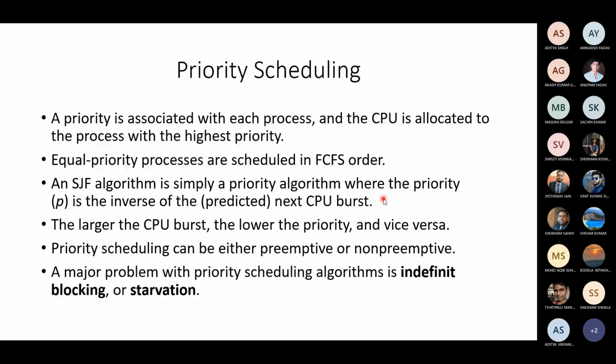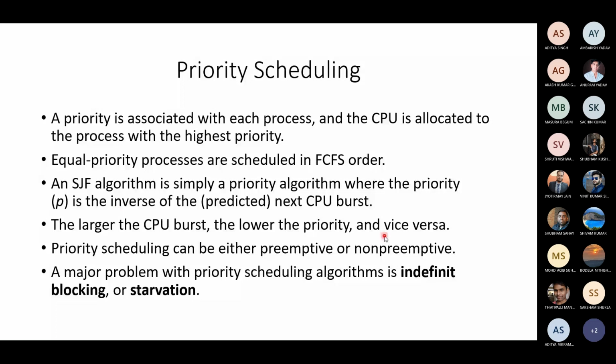Whichever burst time for a particular process is very low, that will be given highest priority. The priority is the inverse of the CPU burst, or whatever the predicted next burst is going to be, the highest priority will be given to that particular job. So the larger the CPU burst, the lower the priority, and vice versa.